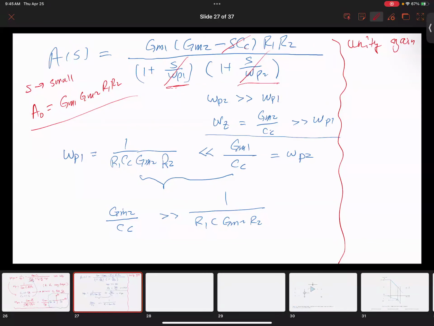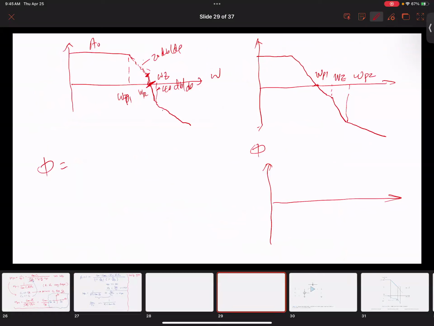So our phi can be written as the negative 90 degrees, basically plus tangent minus 1 of F over FT over FP2, plus tangent minus 1 of F over FZ.